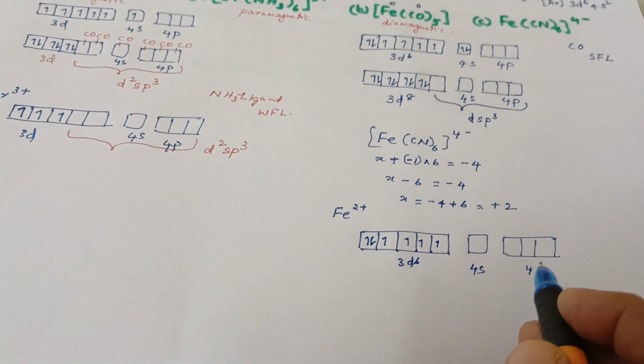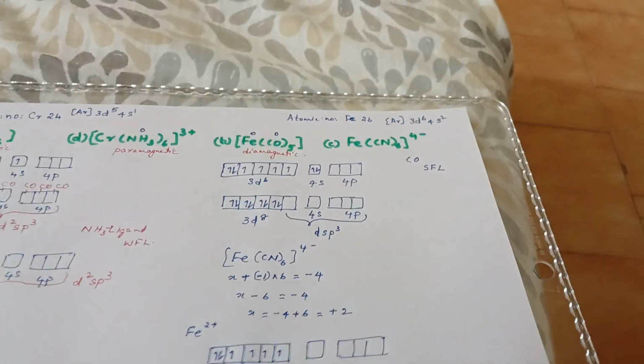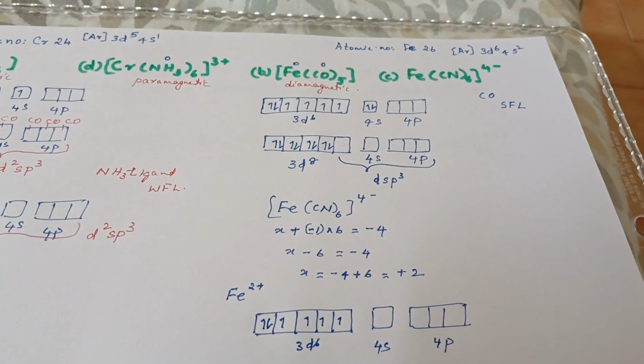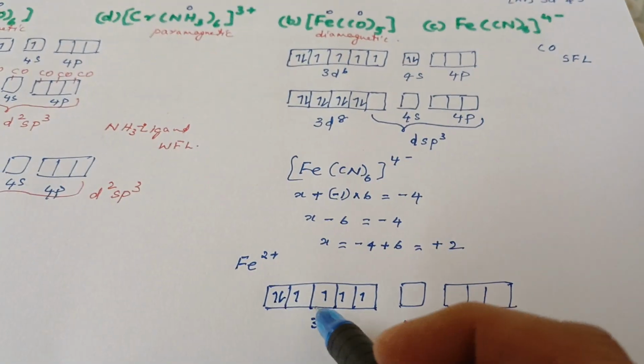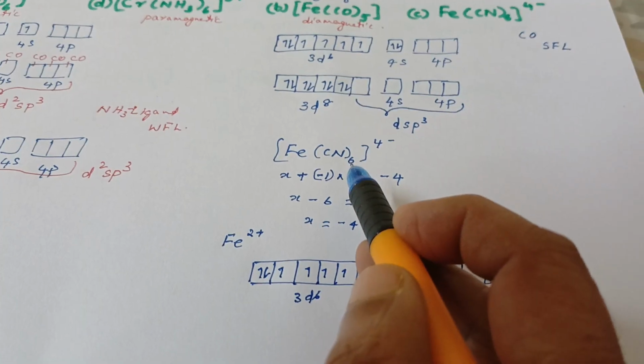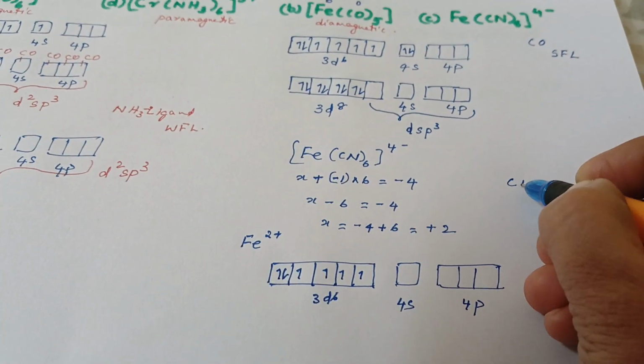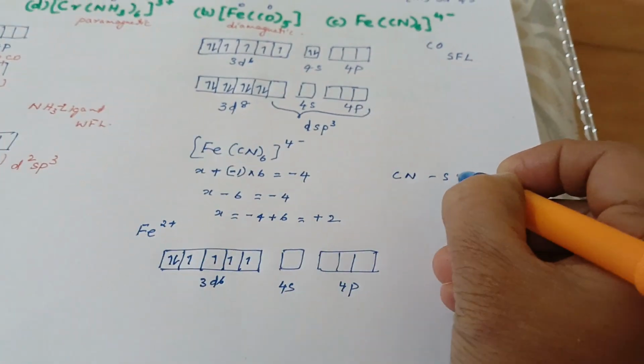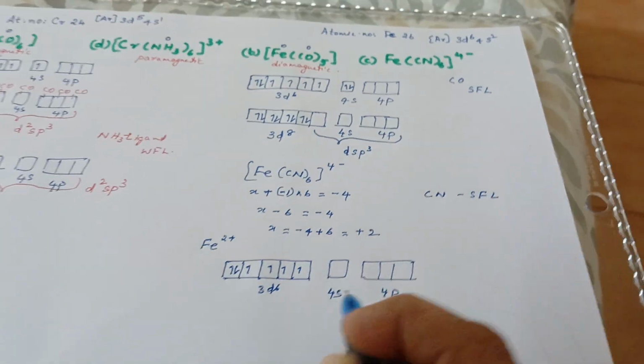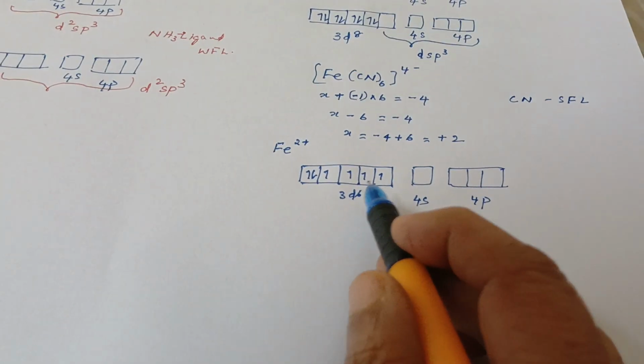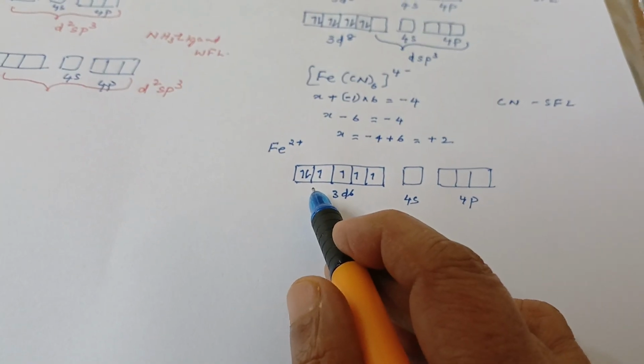This is 3d6. And the approaching ligand is cyanide, CN. It is again a strong field ligand. They will make these electrons pair up.